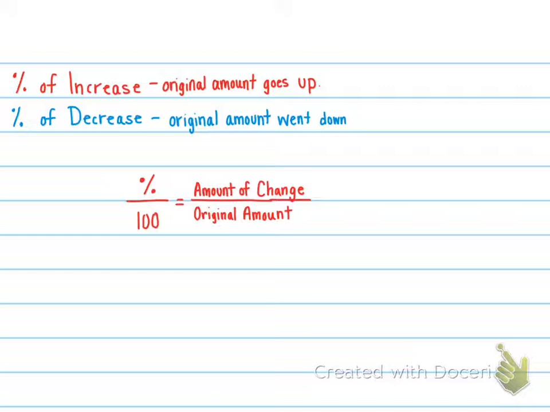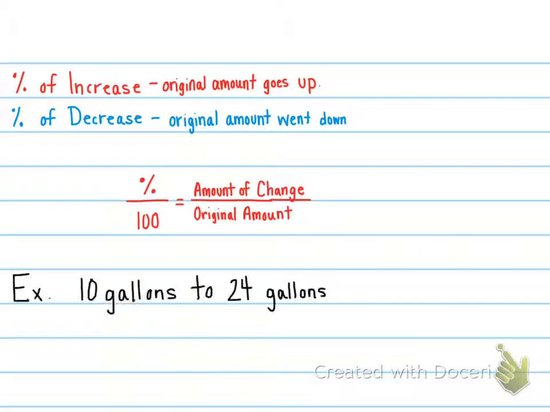So let's check out an example here. So let's say we're going from 10 gallons to 24 gallons. The first thing we need to do in any of these problems is find the amount of change. Now let's think about this. The amount of change goes from 10 to 24. So what do we have to do to actually find that? We subtract.